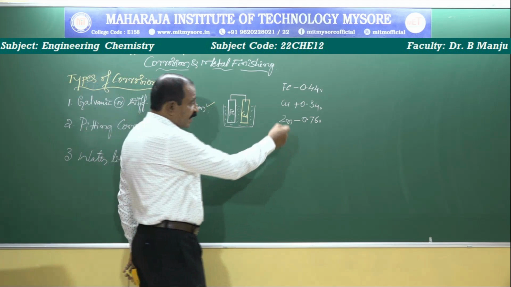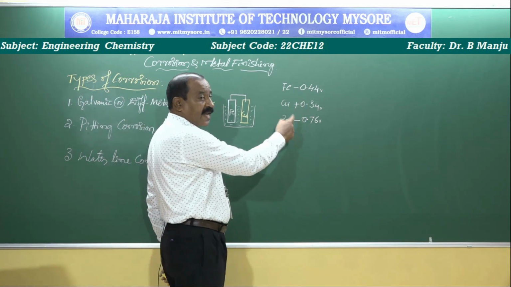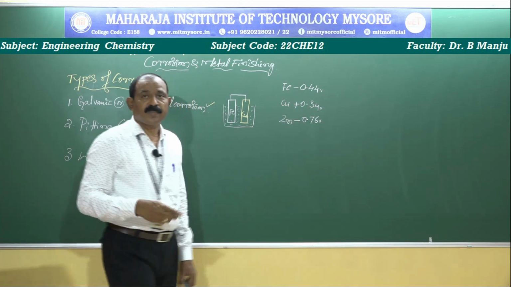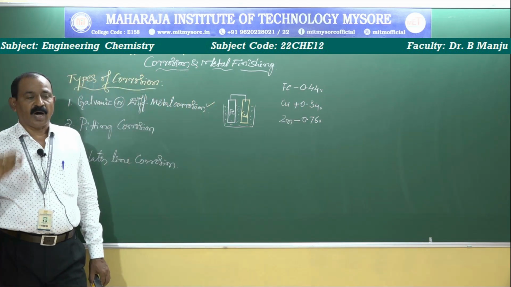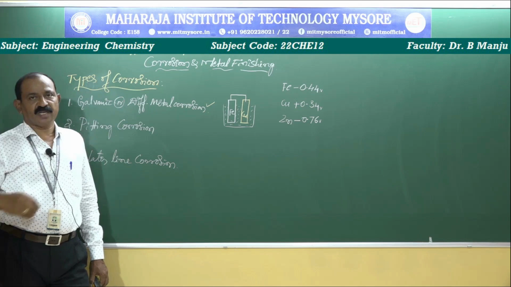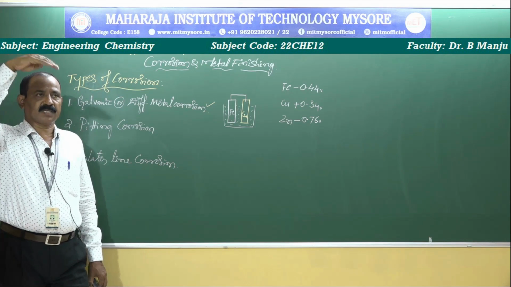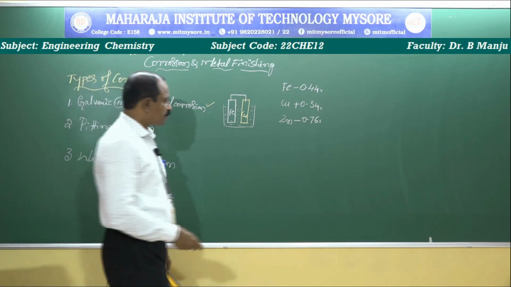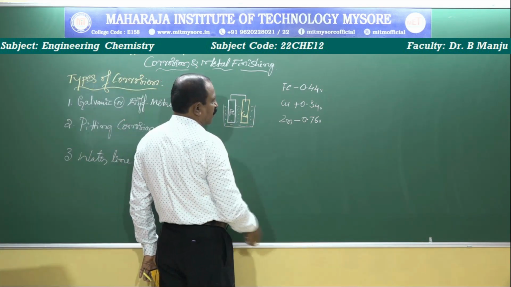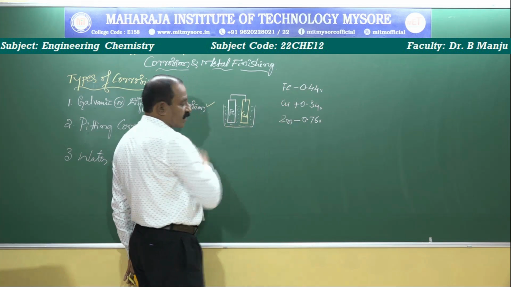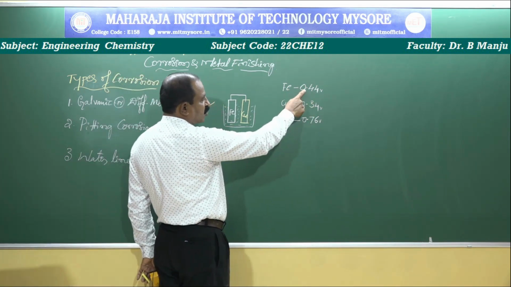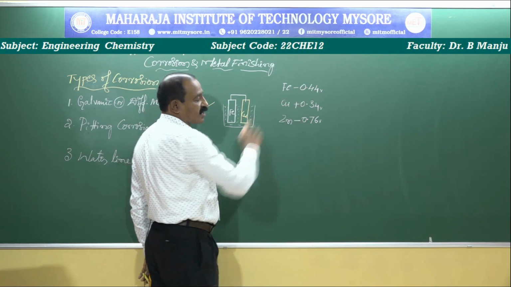Which metal has the higher negative potential? That metal undergoes corrosion and acts as the anode. In the galvanic series, the metal that is higher up always acts as the anode; it is more active and undergoes corrosion. Consider iron and copper: iron has a negative electrode potential and copper is positive.